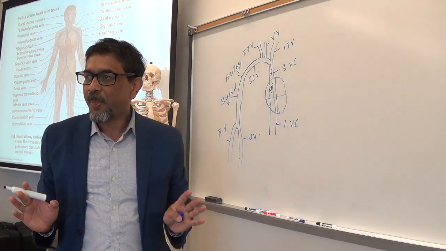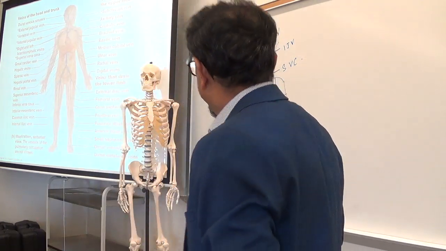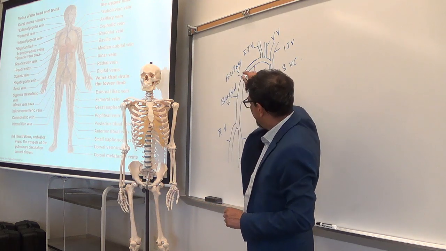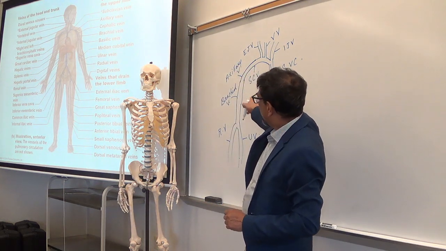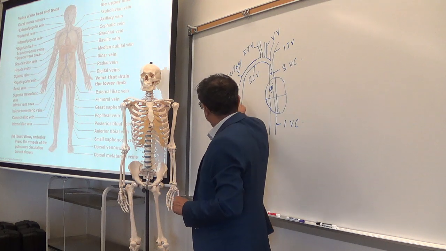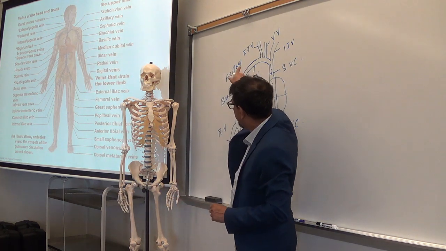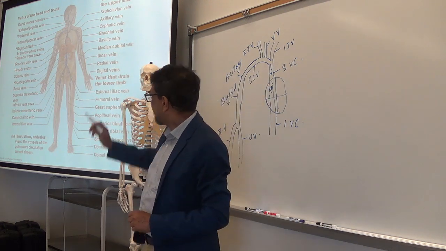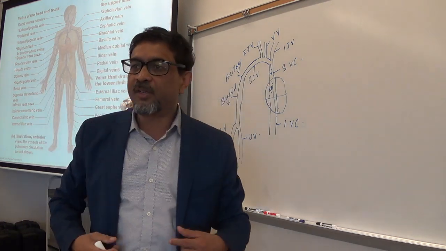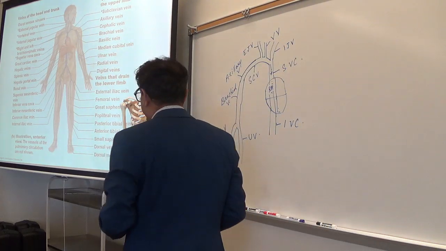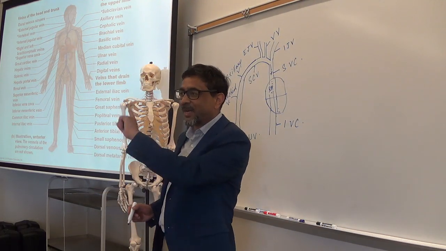Is it clear? Okay. Now, one thing is different in the upper limb. What is that? Two other large veins arise from the axillary vein. You see that in the picture. One is called cephalic vein, another is the basilic vein. In case of arterial system, you don't have those two.